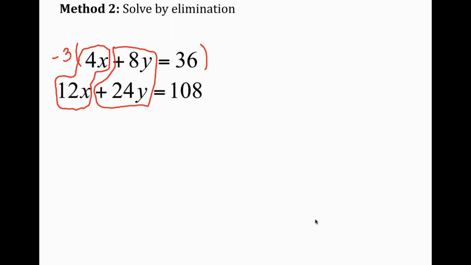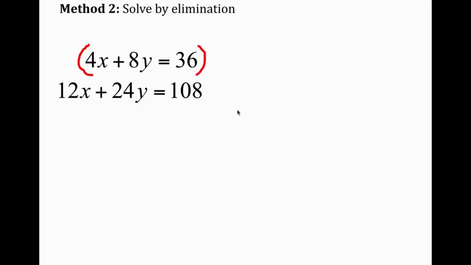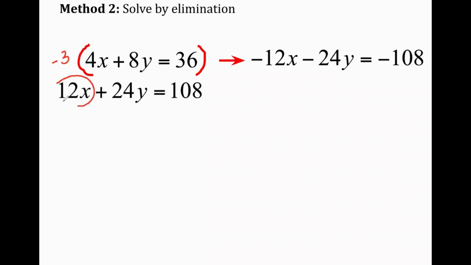Let's go ahead and start solving for our values. I'm going to go ahead and multiply 4x plus 8y equals 36 by -3. And why I'm doing this is to eliminate this positive 12x in the other equation.